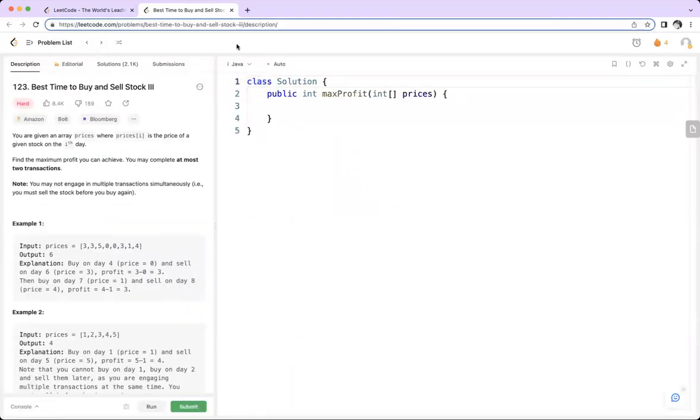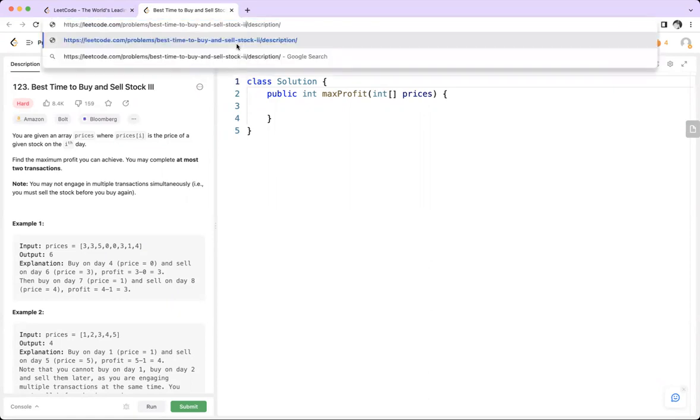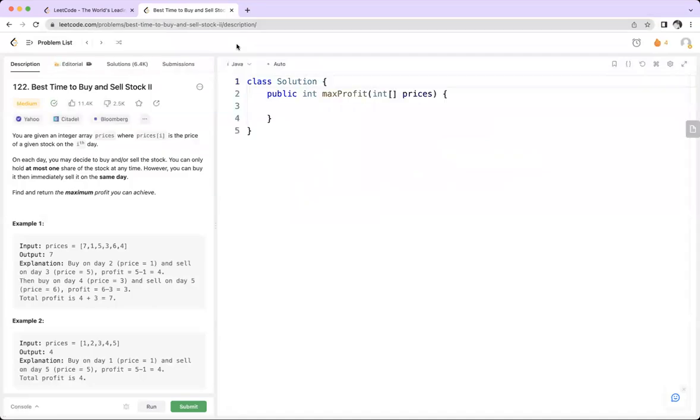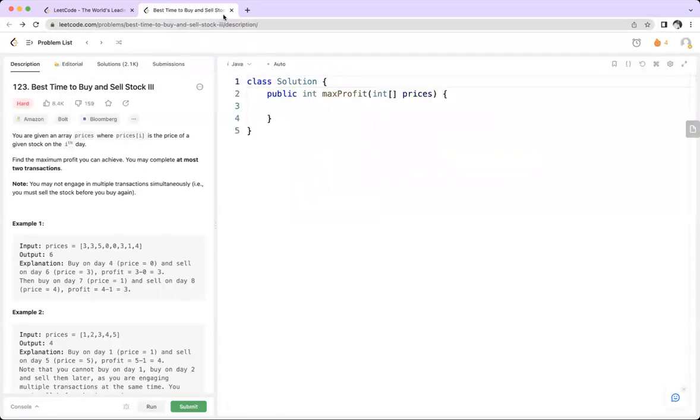Two. So this problem is also there. Not this, I think buy and sell with a fee.